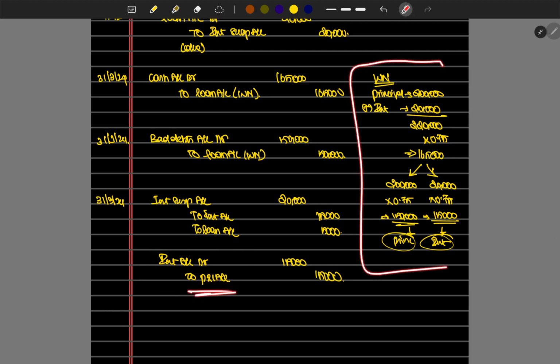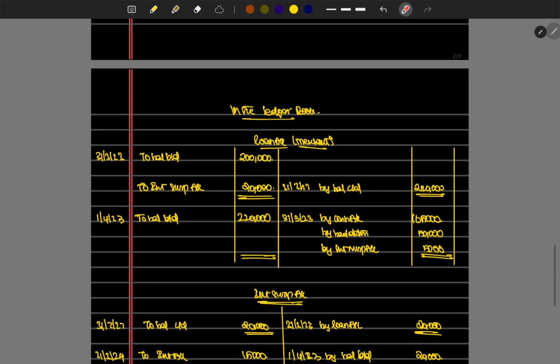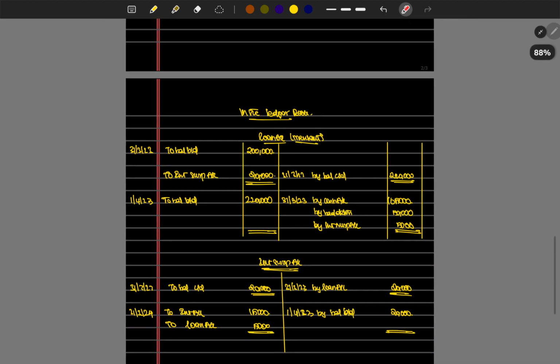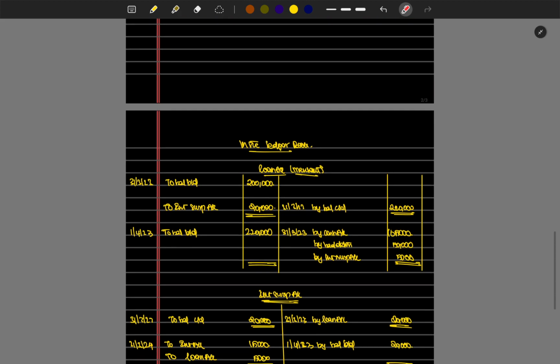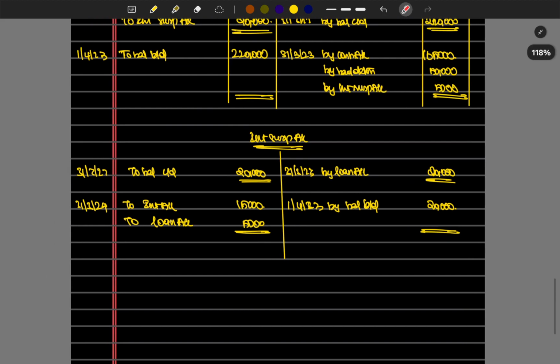For the working note I have given here, we can use that. And then the ledger is very simple. We just split the journal and put it in the loan account and interest suspense account. The problem is over.